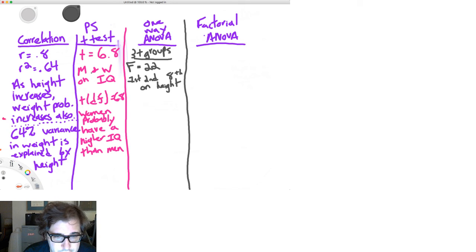Once you find it significant, you would say there are probably differences in height across grades.